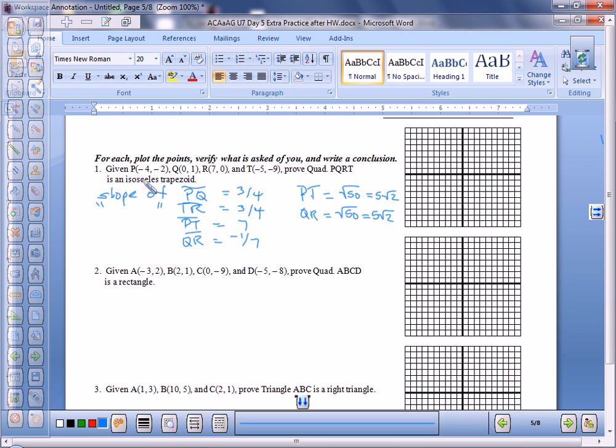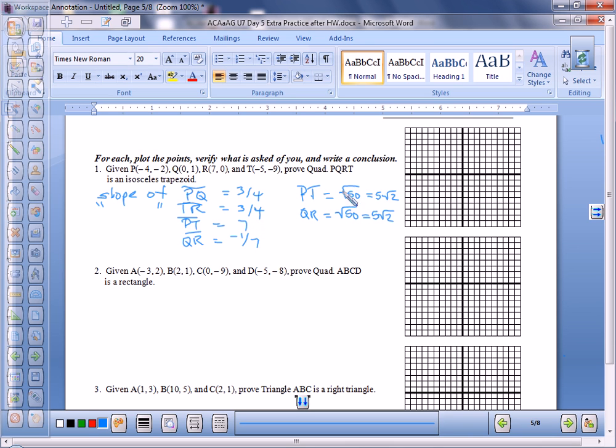You'd have to show that the other two sides are congruent, and then explain that in words. We have proved that quadrilateral PQRT is an isosceles trapezoid because only one pair of lines have the same slope, therefore one pair of parallel lines, and the other lines are congruent.